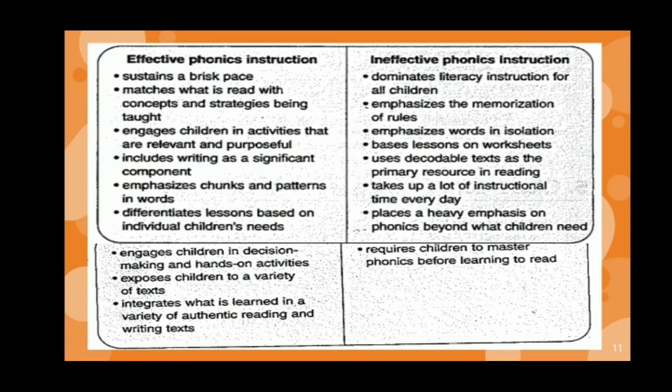Sometimes we need to use the alphabet spelling to enrich students' knowledge. It takes up a lot of instructional time every day. It places a heavy emphasis on phonics beyond what children need. It requires children to master phonics before learning to read.